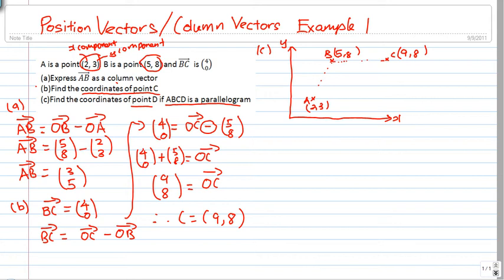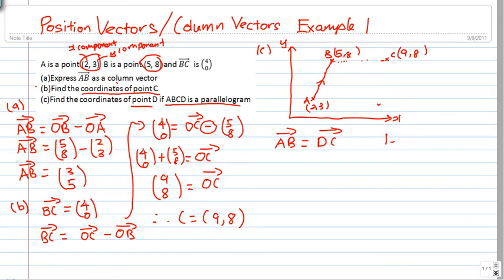It's possible that D is here, isn't it? So AB is parallel to DC. It can be written that AB is equal to DC. They have the exact same gradient.